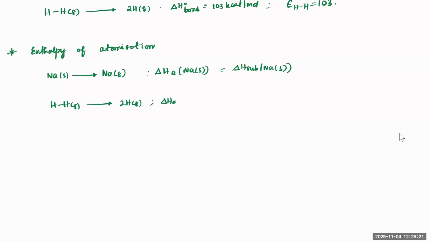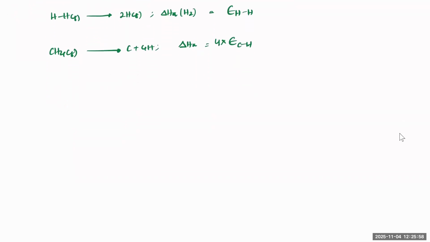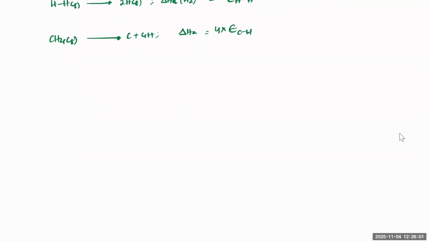Even this is atomization of H2, which is nothing but epsilon of H and H. Suppose you have CH4 gas going to C and 4H, this is also delta H of atomization, where all four bonds are broken. So we can average it out as 4 into epsilon of C and H. So atomization is converting everything into atomic form. Any doubt? No, sir. Understood.